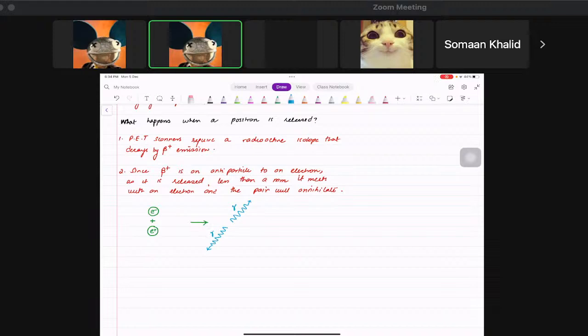So this what you see right now, this is basically at 180 degree, both of them. So an electron and a positron gives 2 gamma at 180 degree of each other. That's something very, very important to remember.